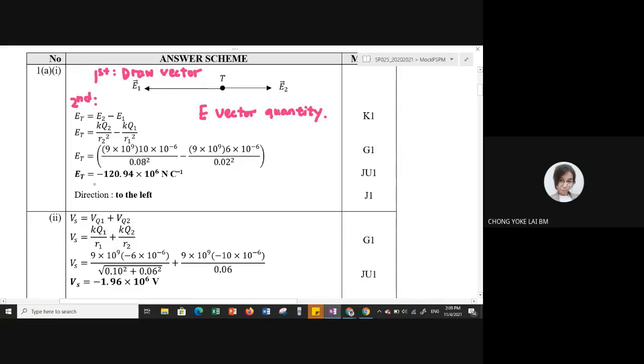After you do your calculation, you get a negative resultant, which means the resultant electric field at point T is pointing to the left, because left is assumed as negative and right as positive. For E2 minus E1, the concept gets one mark, substitution of values one mark, answer with unit one mark, and direction one mark. Did you get the same answer?